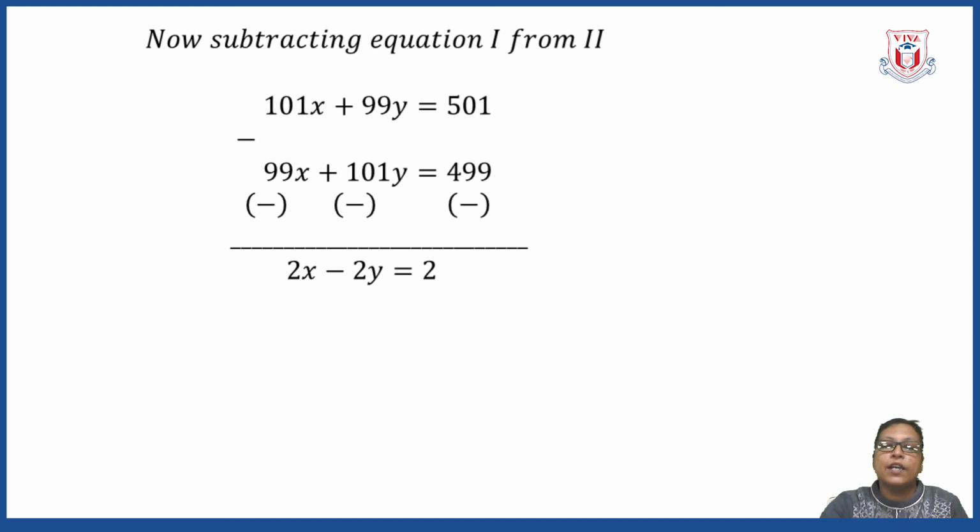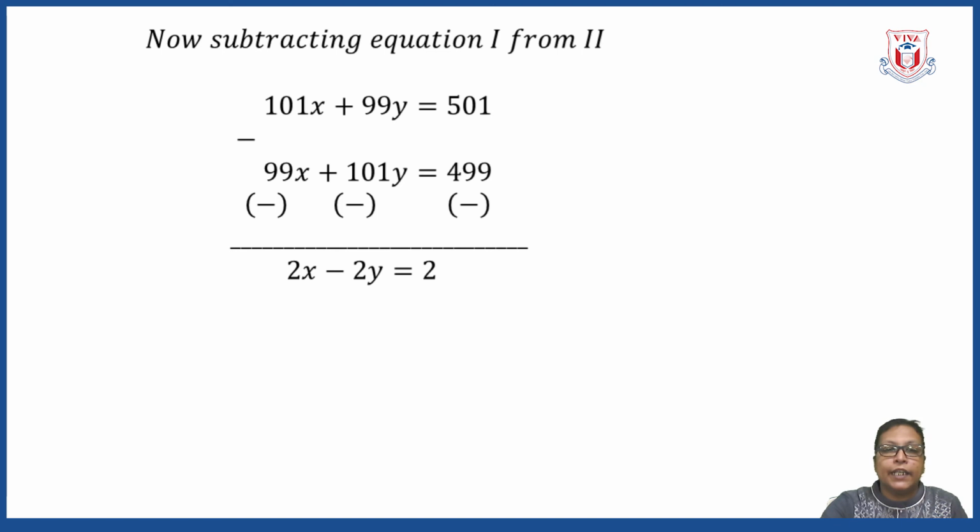Okay, so 101x plus 99y is equal to 501, minus 99x plus 101y is equal to 499. As said previously, you have to change the sign of each and every term of the second equation. So you can see that in the bracket everywhere the minus sign is written.